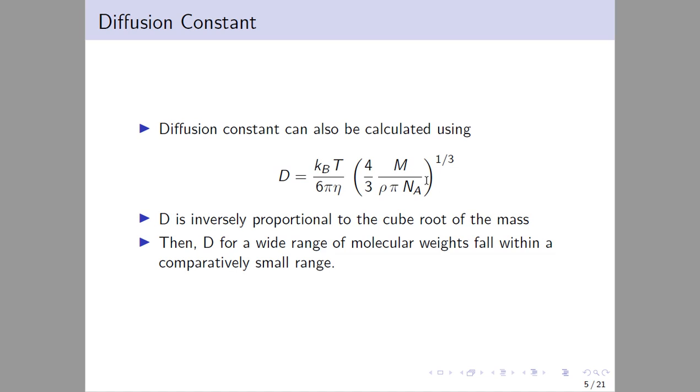If M is heavier, the diffusion constant will be much smaller: M increases, D decreases. So D for a wide range of molecular weights falls within a comparatively small range.